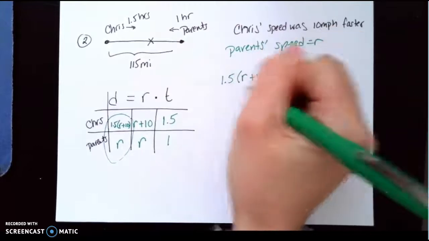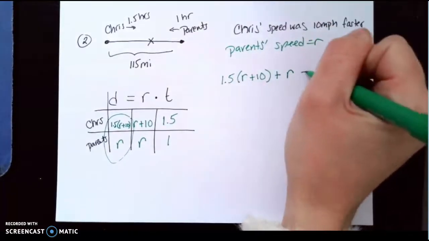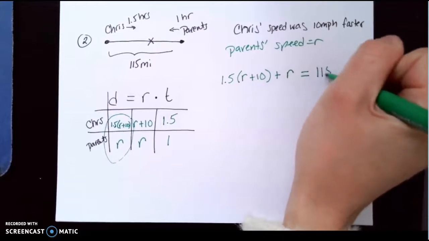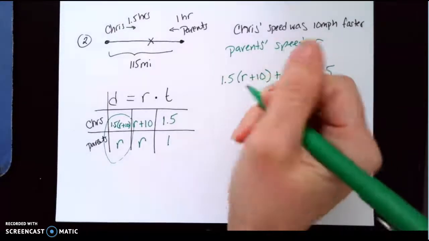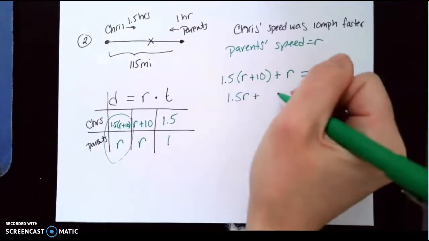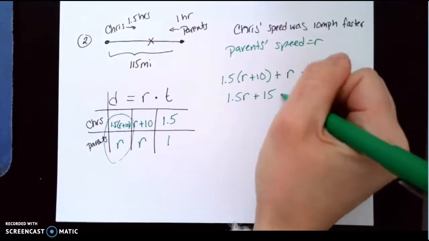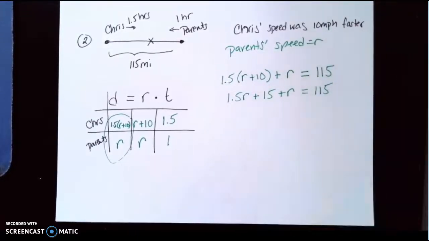That's the distance that Chris traveled plus the distance his parents traveled, r. That is equal to 115 miles. Now we can go ahead and begin to solve this. I can begin by distributing that 1.5: 1.5r plus 15 plus r equals 115.